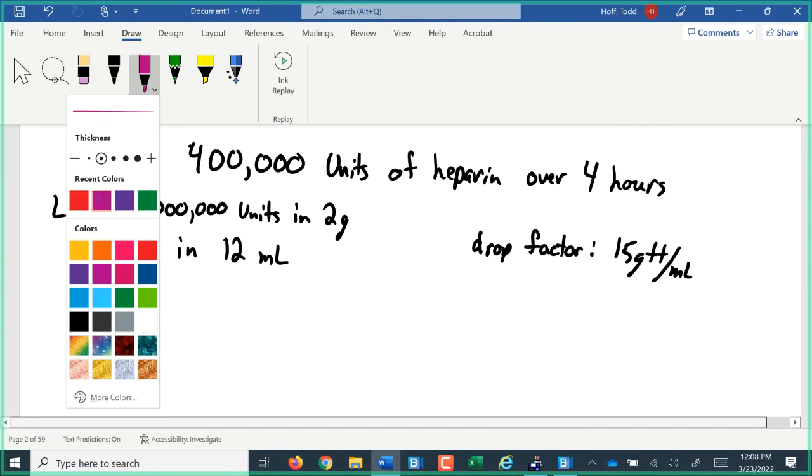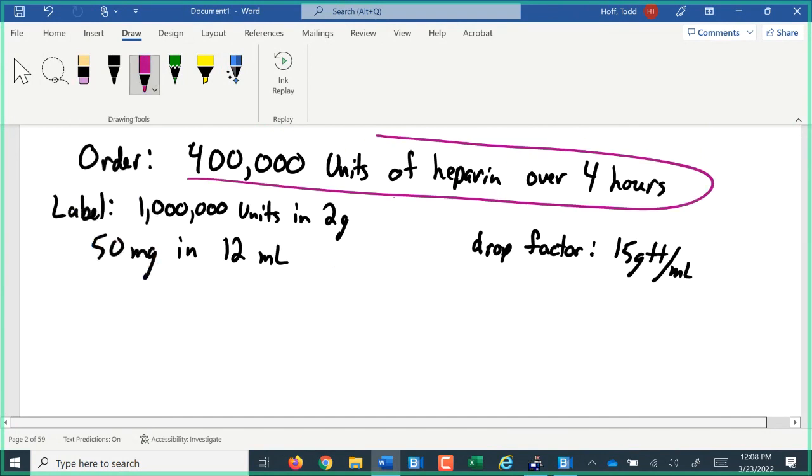So as always, we start with the doctor's order. 400,000 units.